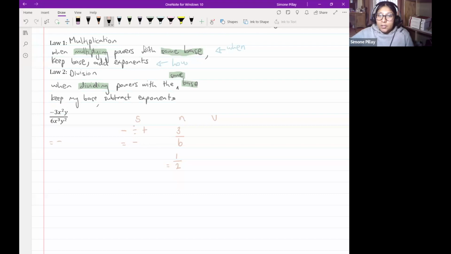What are my variables? I have my x variable and my y variable. I have x squared divided by x cubed, and then y to the power of 1 divided by y squared.